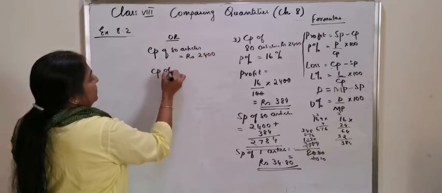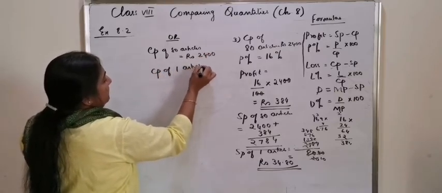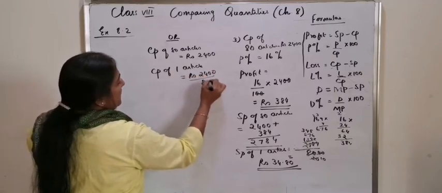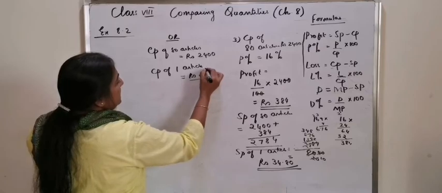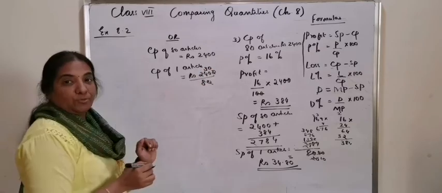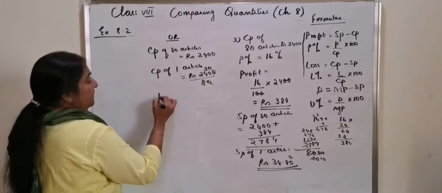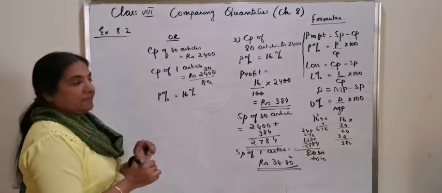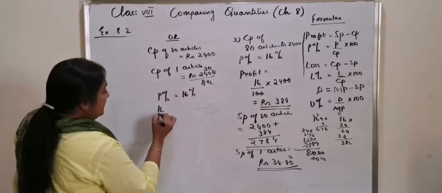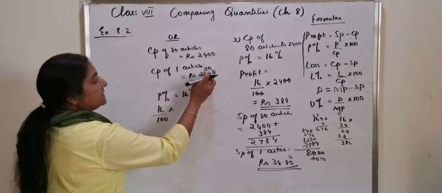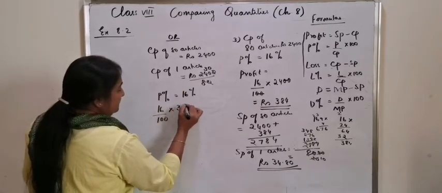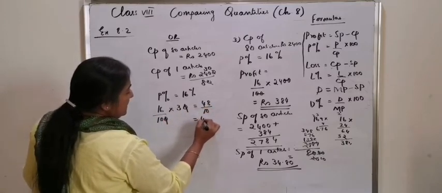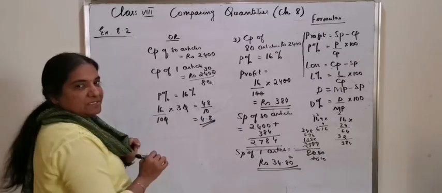Therefore, the cost price of one article is equal to rupees 2400 by 80, that is 30 rupees. Now for each one, the profit percent is 16%. That means the 16% is made on this 30 rupees, which is equal to 48 by 10, that means 4.8 rupees.